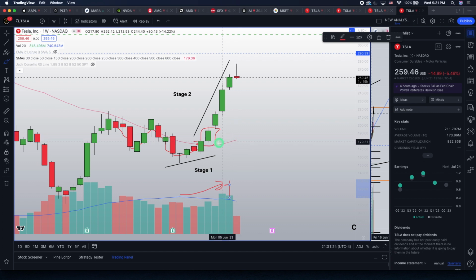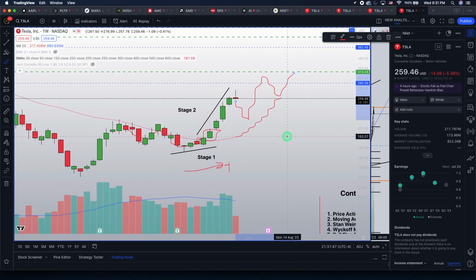Now what's going to be really important is that as we have broken and rallied above here, our 30-week moving average is going to start moving upwards, and this is going to act as our support now, right? So even if we start to fall back a little bit, we should be making higher highs and higher lows off of our 30-week moving average, right?